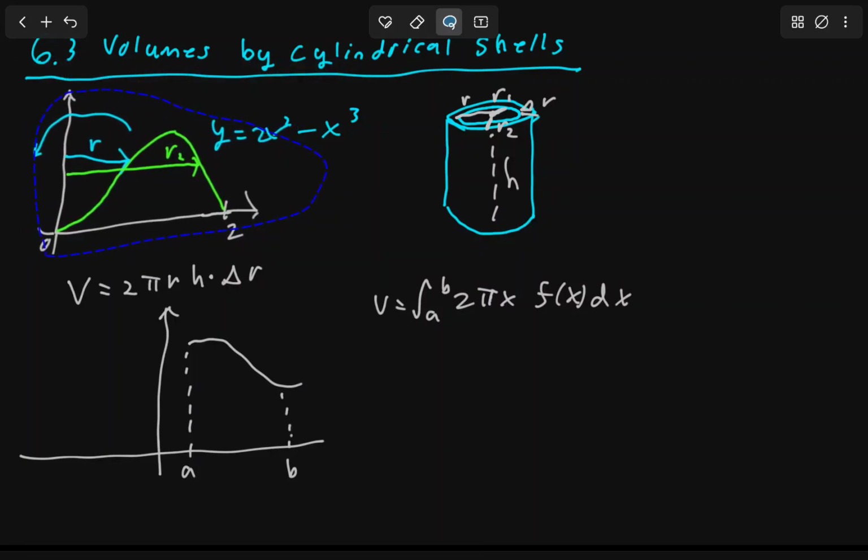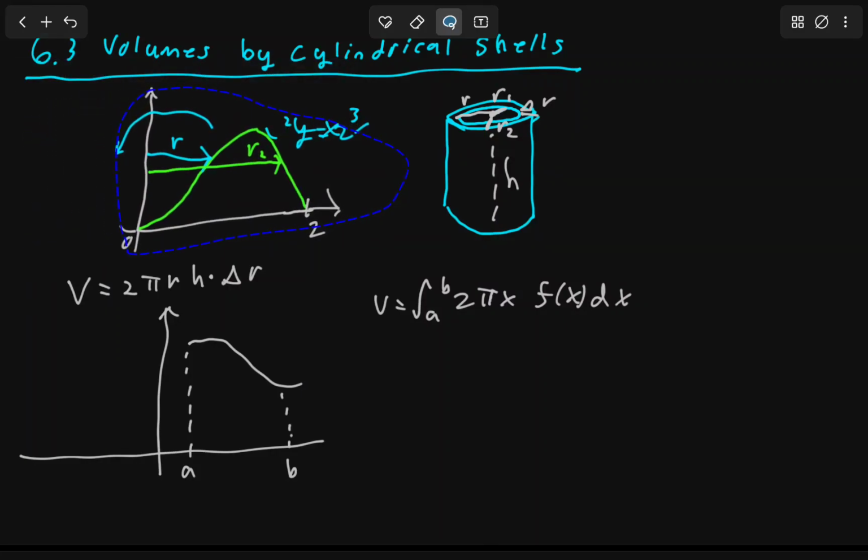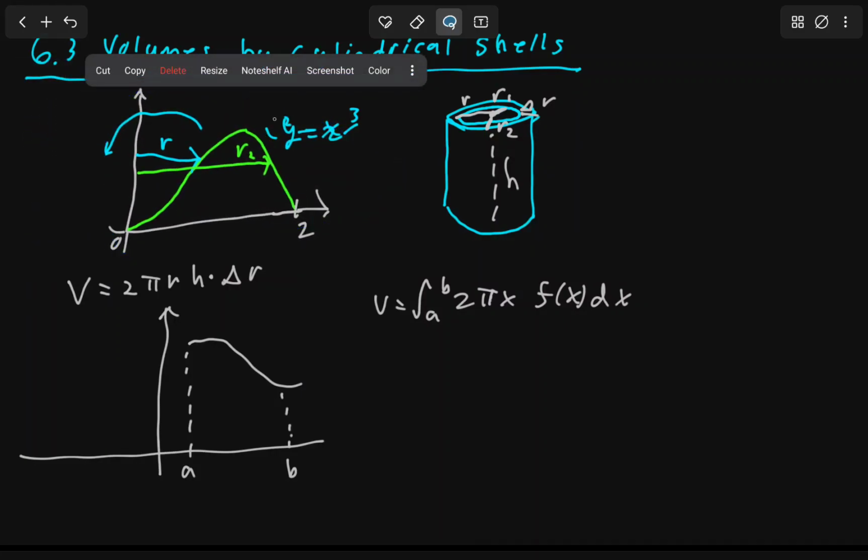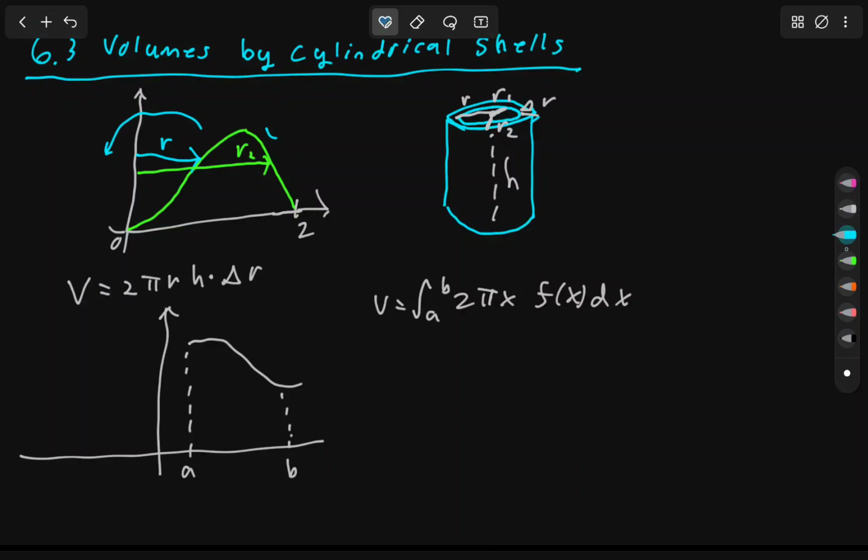I want to draw in some rectangles to represent the area. I know I've got some of these mixed up, or the function value mixed up there, but it's fine.